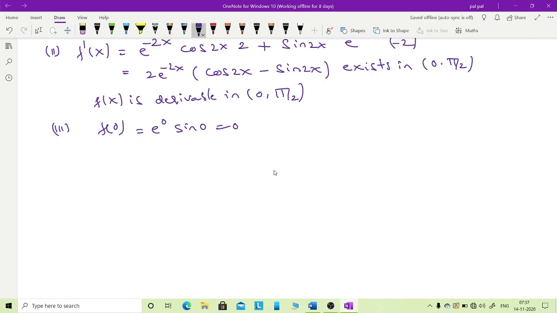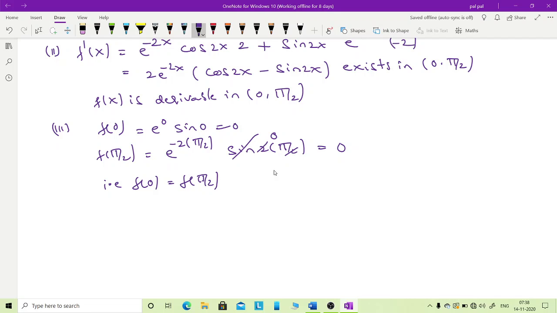And the next value, f of pi by 2, is equal to e to the power of minus 2 into pi by 2 into sine 2 into pi by 2. This is equal to 0 because here the 2 cancels, remaining is sin pi. Sin pi value is 0. So f of 0 is equal to f of pi by 2.